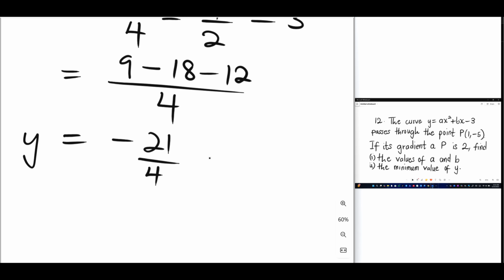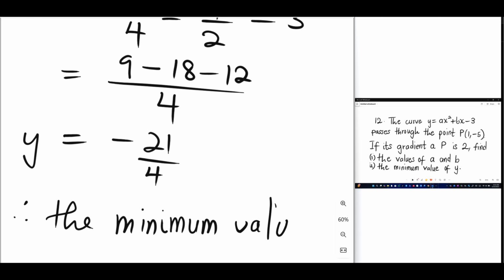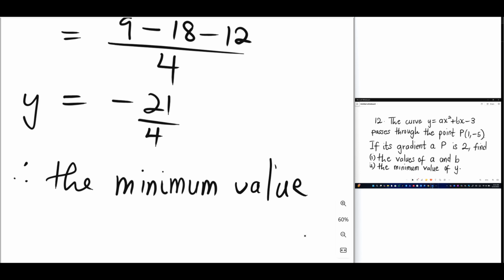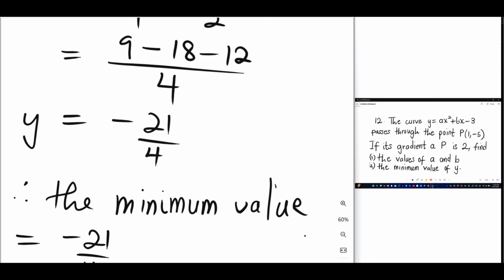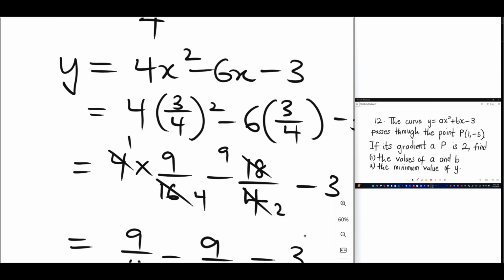So we conclude that therefore the minimum value is equal to negative 21 divided by 4. Okay, let me verify again.